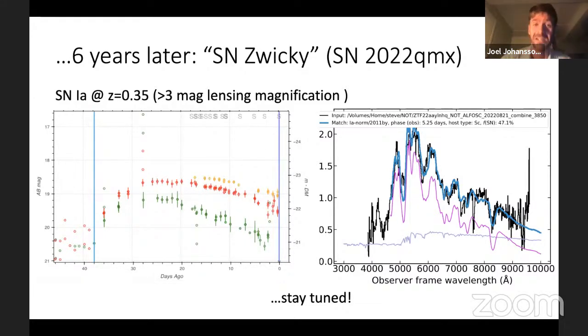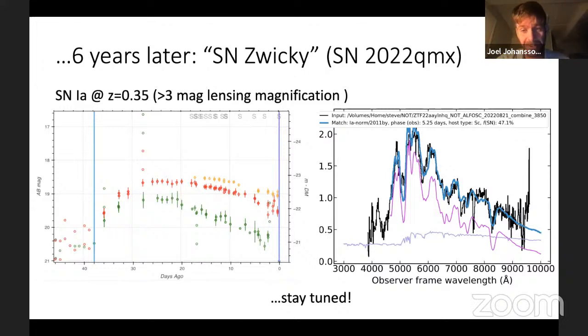This one we were clever enough to dub SN Requiem's successor, Essence Wiki, which I think is a better poster name. We're observing this as we're speaking. We found it roughly 20 days ago, and we're getting lots of data.